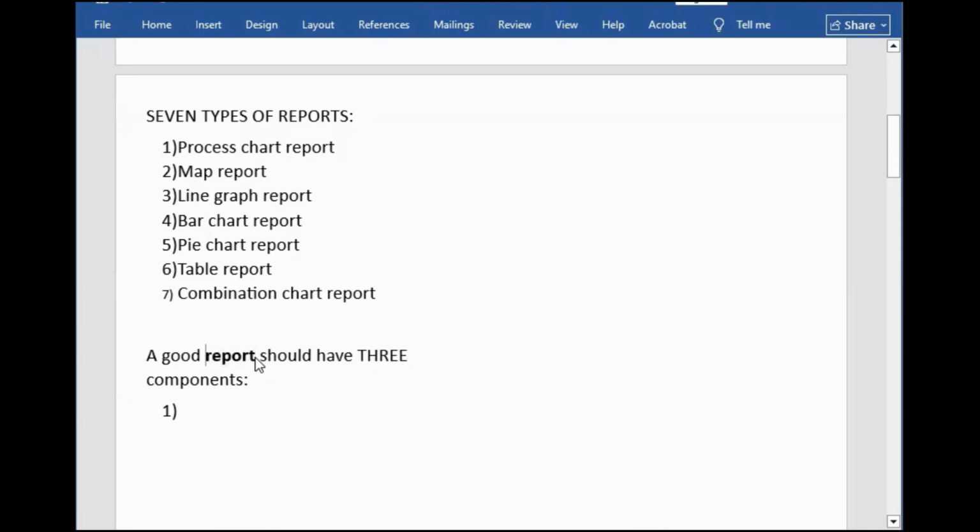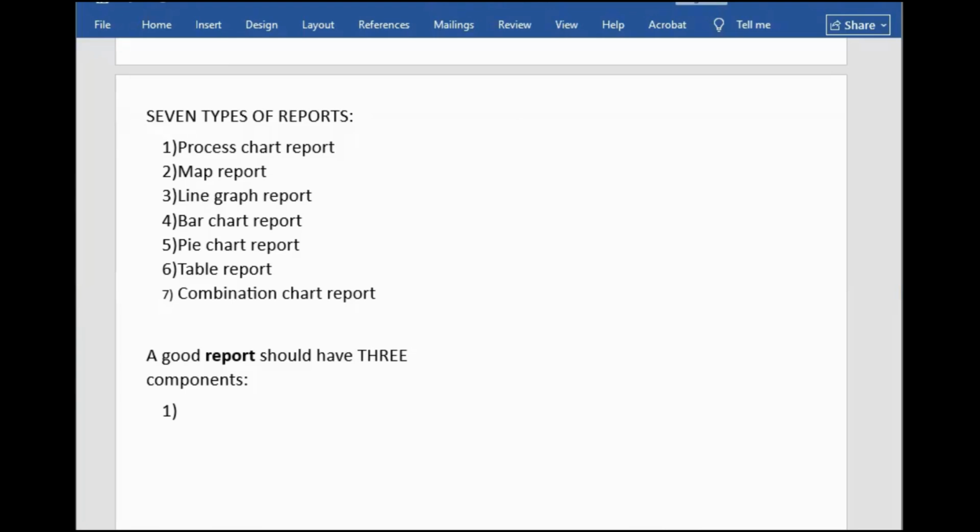Type the first one, type the second one, type the third one. Let me see who's going to get it right. I'm waiting, you guys. Who wants to give me the answer?